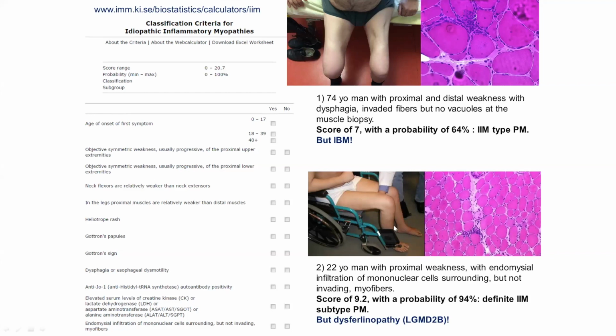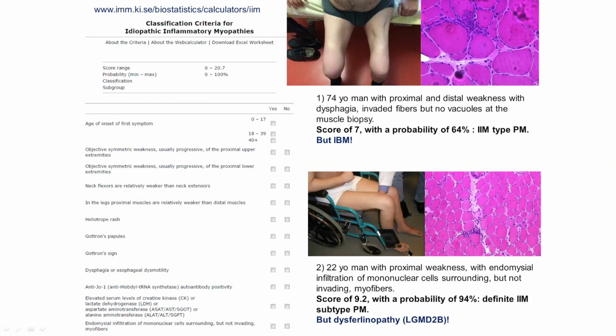The second example is this young guy, much younger, since he is 20 years old. And he had a rapidly progressive weakness, proximal, but also distal. And with this biopsy, you can see these little inflammatory infiltrates, but they exist. And the algorithm gives you a very high probability of polymyositis.